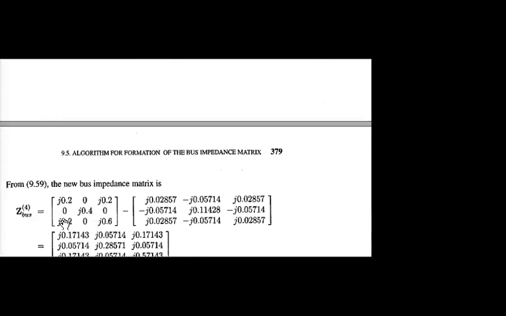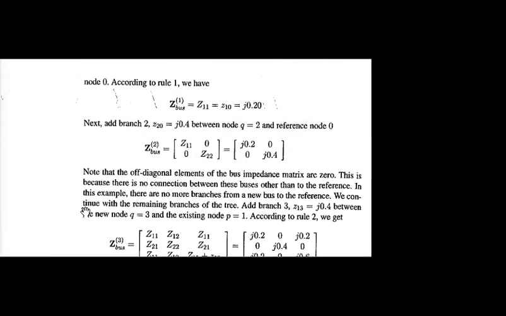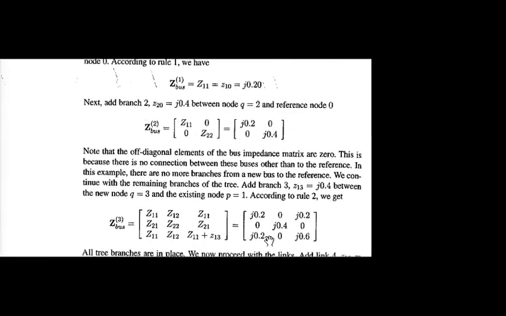This is the Z bus 3 minus that result we have just now got. The result we have just calculated must be subtracted from Z bus 3. Okay, Z bus 3 is the third step result. You have to subtract the result of link addition from Z bus 3.